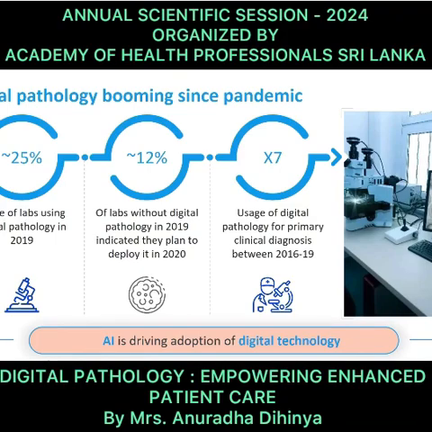Initially, around 25% of labs across the globe were having scanners. Now after 2019 onwards, you are seeing a shift, a 12% increase in digital scanners. Initially there were very few players in the digital pathology market, especially with scanners. Now there are many local players also coming into this field.